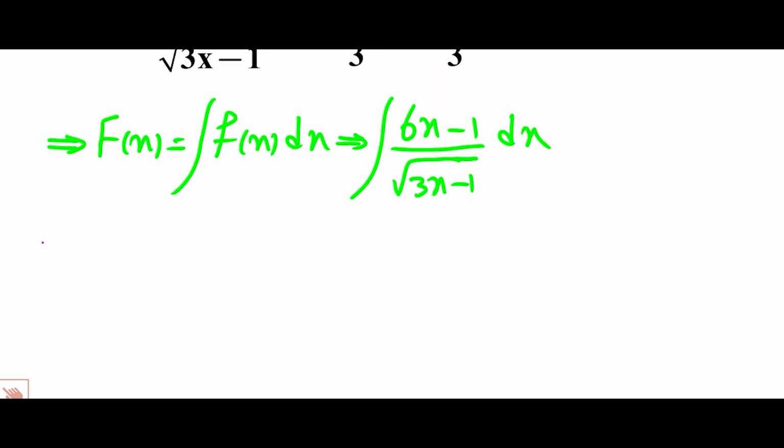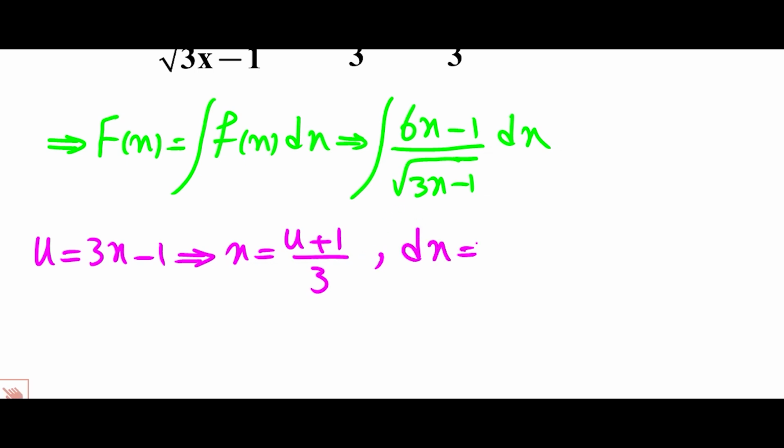So let u = 3x - 1. So x = (u + 1)/3 and dx = 1/3 du.